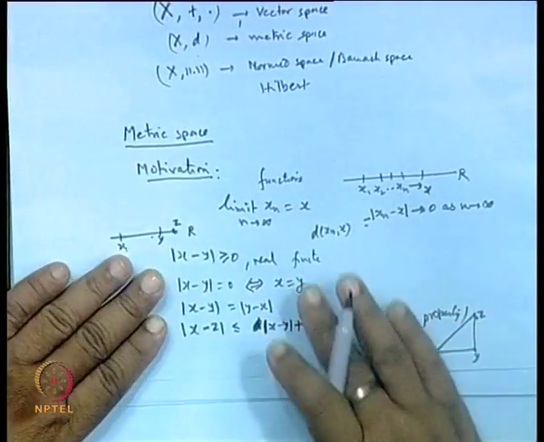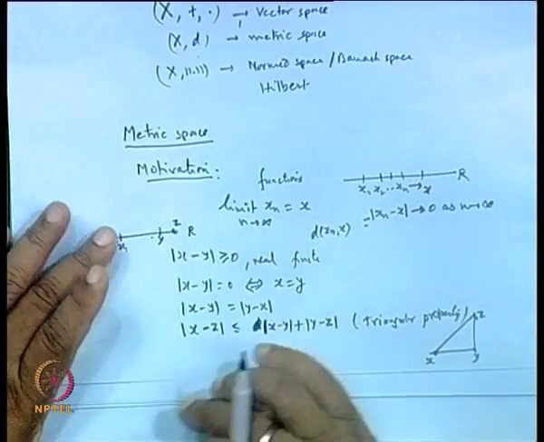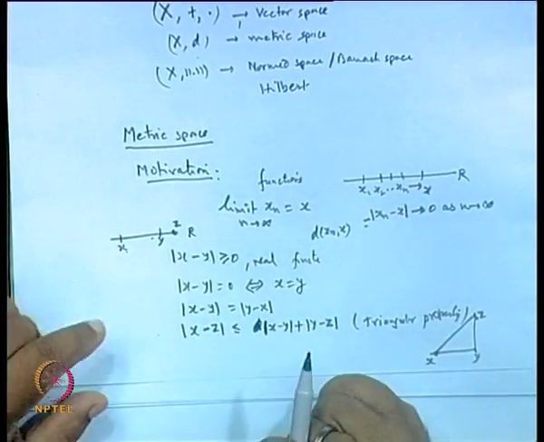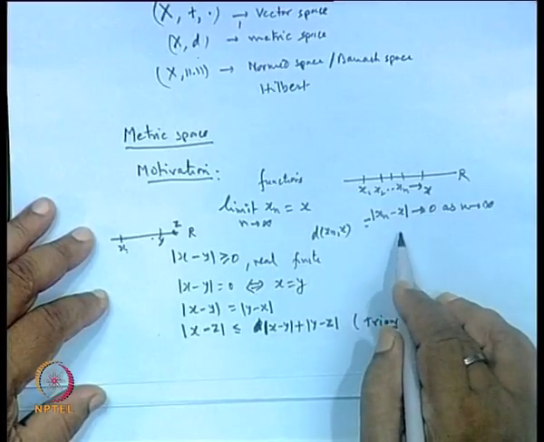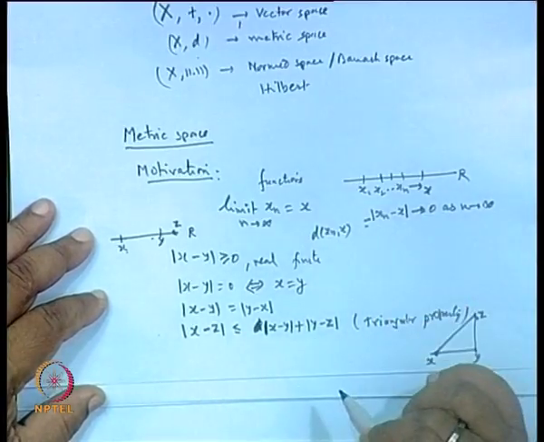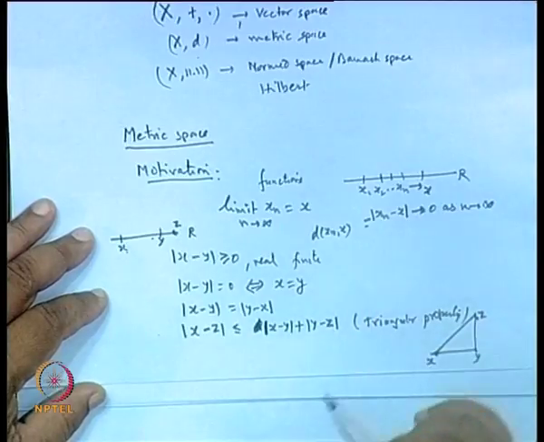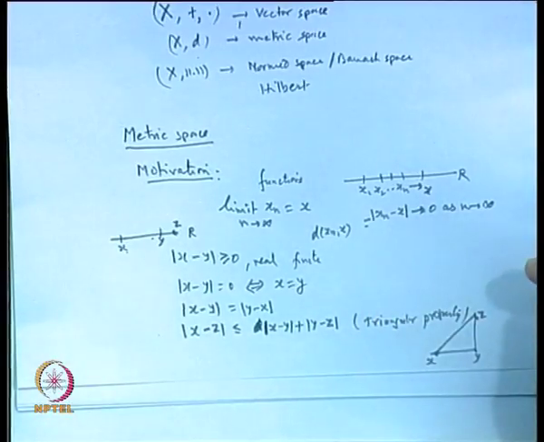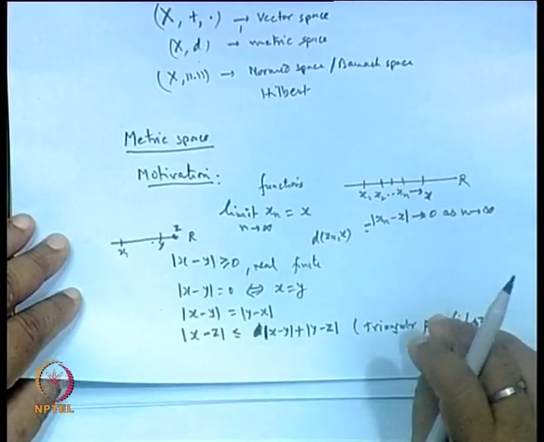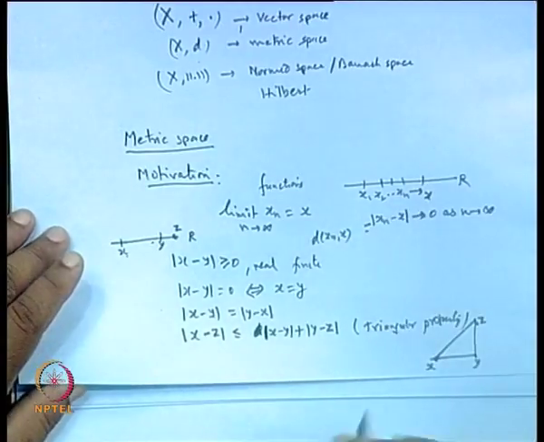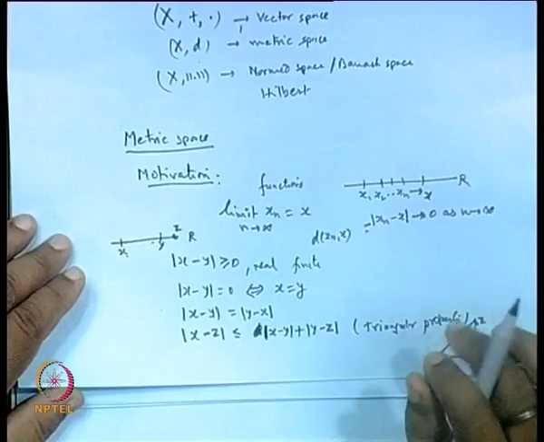Now, keeping in mind this definition, these conditions which the usual metric function on the real line enjoys, we wanted to extend this idea to a general abstract set X. Why should we restrict our study only to the real line or only to the complex plane?